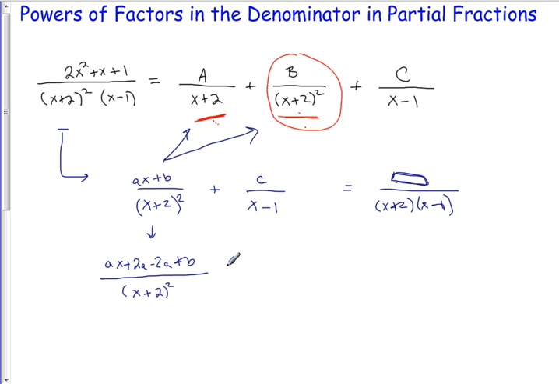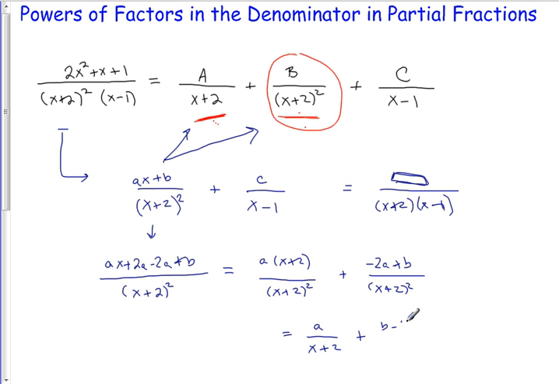Because if I do that, then I'm going to have a times x plus 2 over x plus 2 squared plus this negative 2a plus b over x plus 2 squared, which of course simplifies to a over x plus 2 plus this thing b minus 2a over x plus 2 squared.